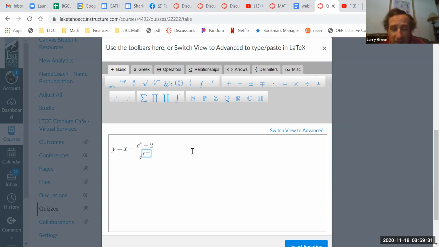Okay, now you don't have to do what I'm about to do, but it's going to make it easier for a calculation when we're plugging in. And then it's just simplify this expression. So we have x minus, e to the x over e to the x is 1, and that's why it's easier. And then minus a minus is plus, 2 over e to the x is 2 times e to the negative x.